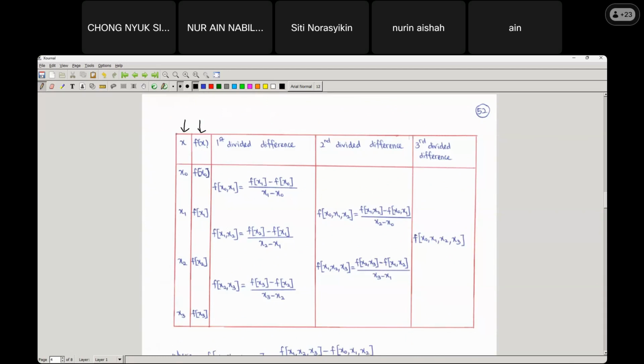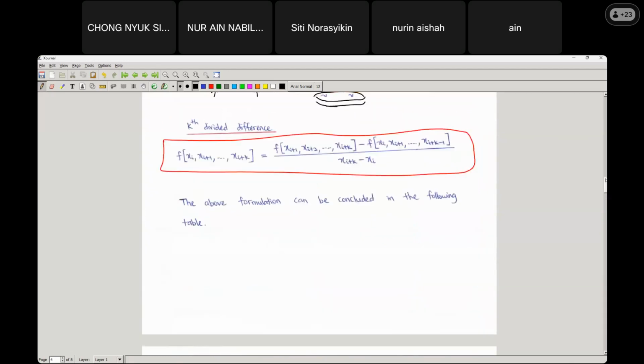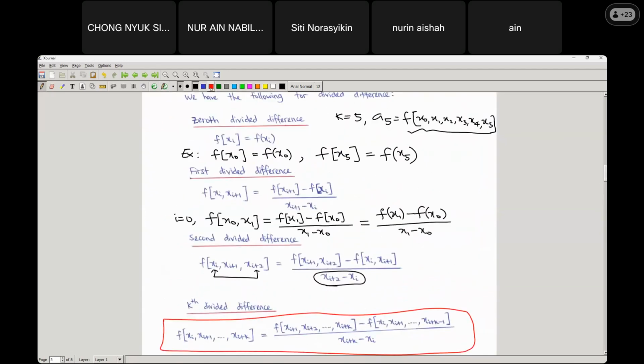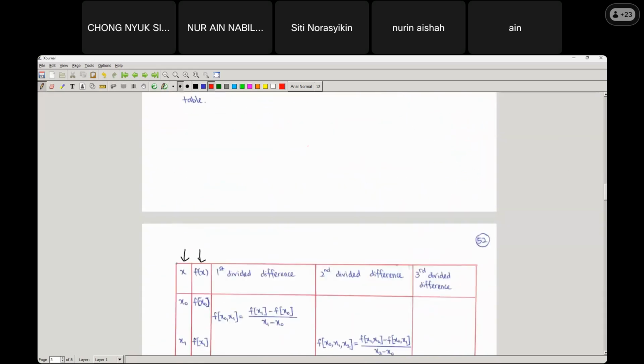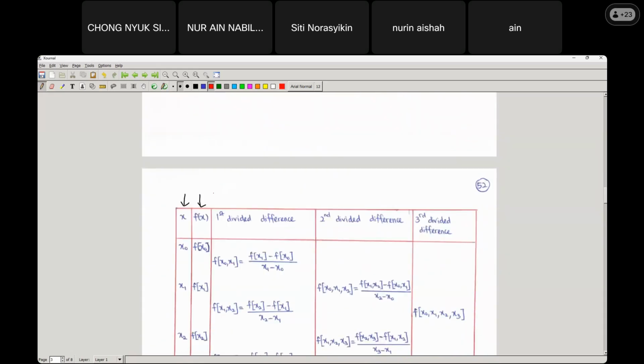All right. So now you see the first divided difference. What is the formula in general? The general formula is this one. If you're afraid that you can't remember, you can write down the formula here. So we know that f[xi, xi+1] is equal to f(xi+1) minus f(xi) divided by xi+1 minus xi.